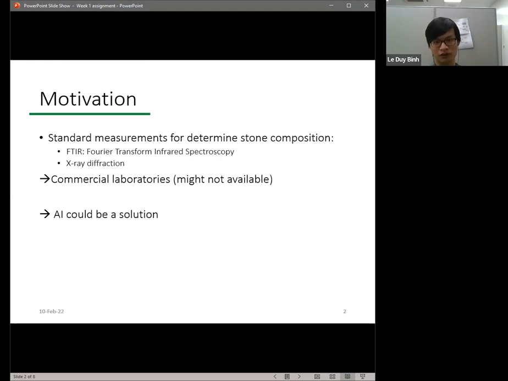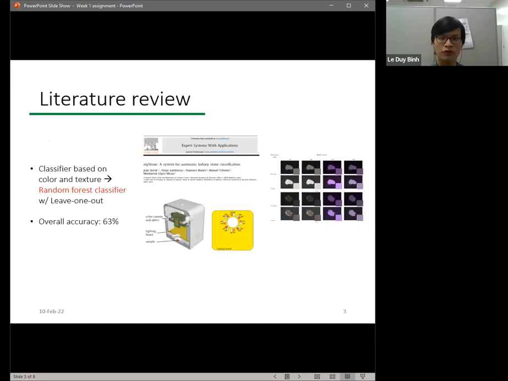Before we start, let's do a literature review. So far, researchers have tried different AI models to tackle the issue, and here I'm going to lay out two noteworthy studies. In the first one, the authors designed a very specific device with a digital camera taking a picture of a stone.